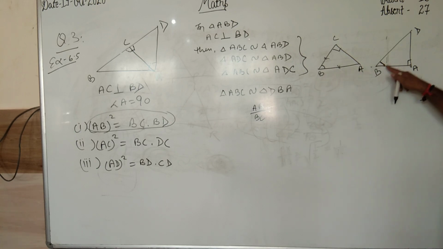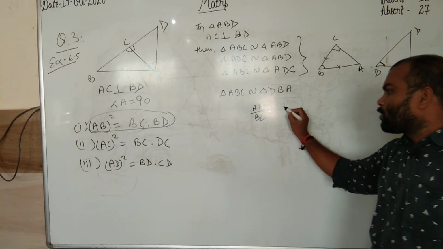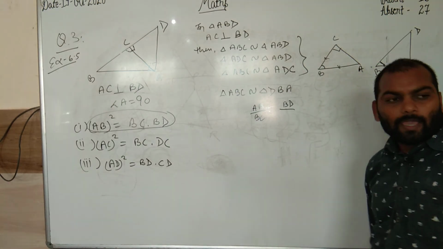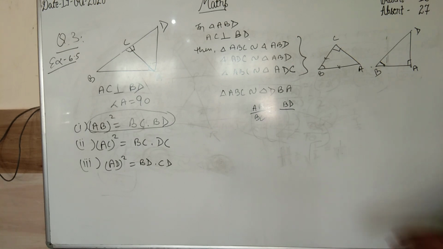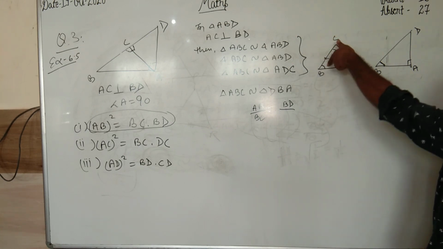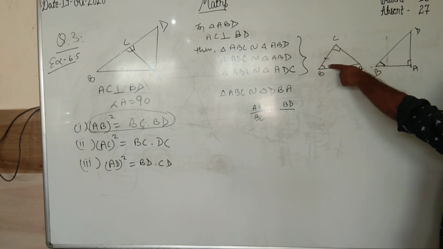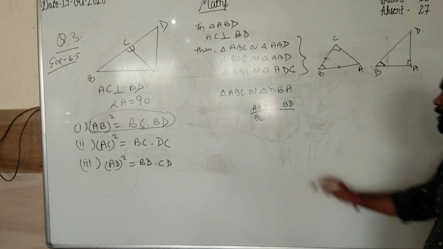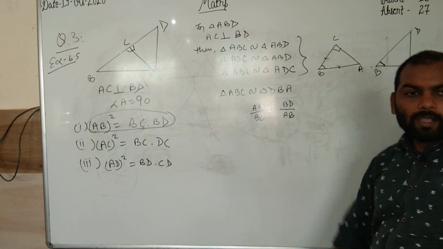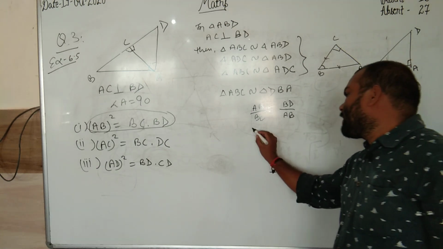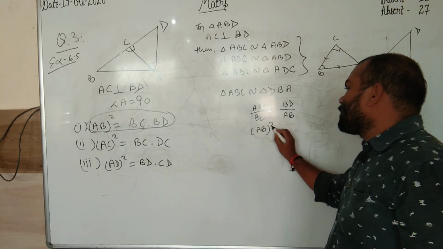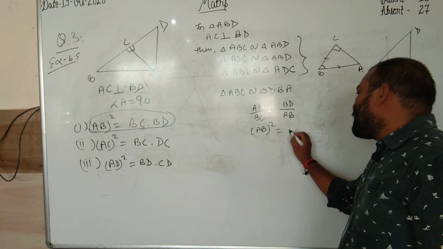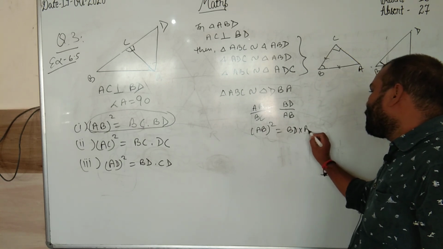So common angle and third angle is on BD. So corresponding to AB will be BD. Similarly BC is the side which contains both angles. So corresponding to that is AB. Clear? Now cross multiply. AB into AB becomes AB square, and this becomes BD into BC.